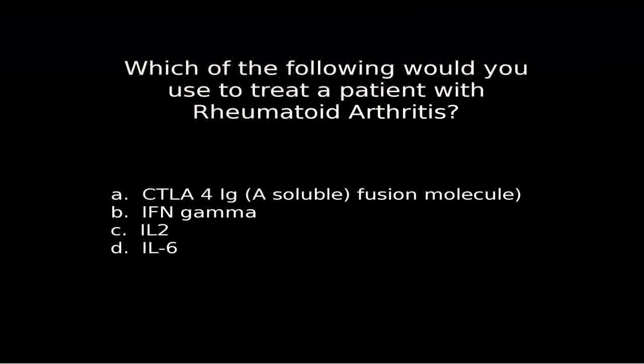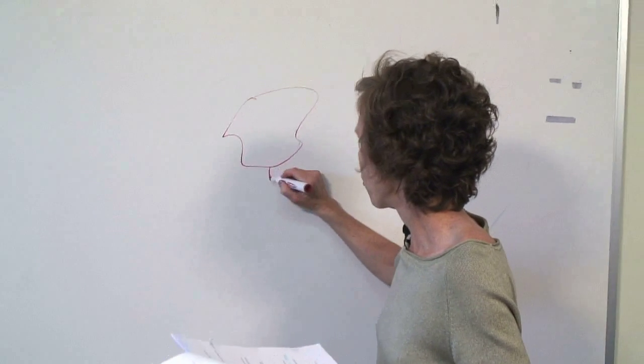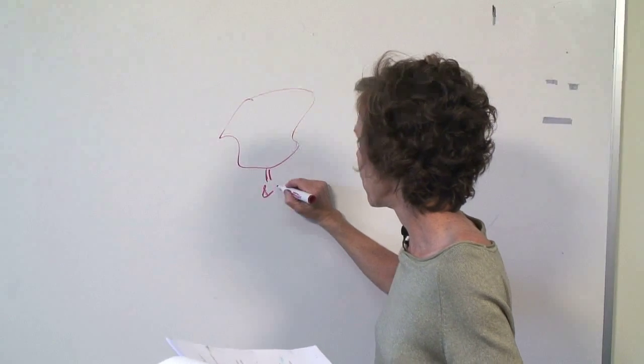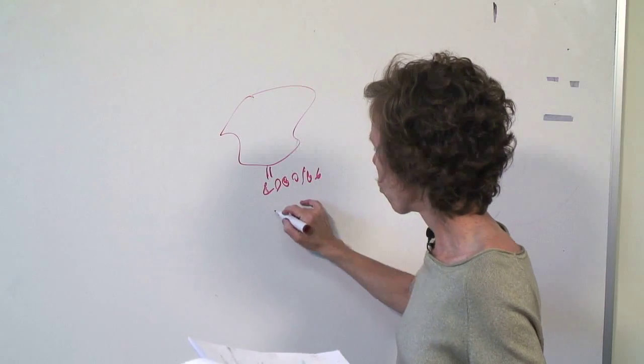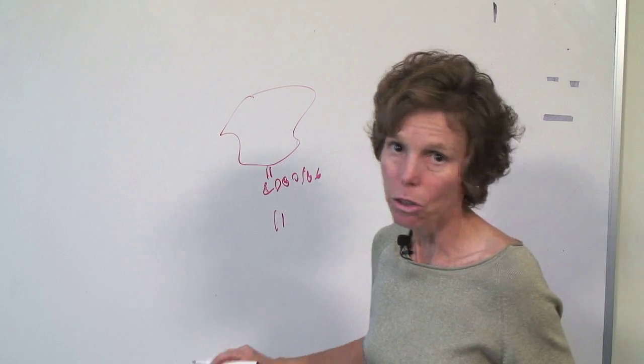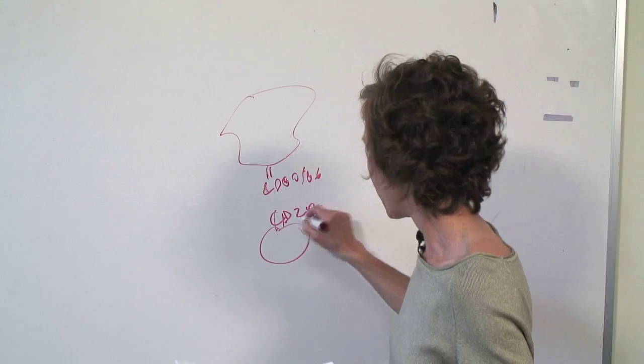So A is CTLA-4 Ig. In other words, you basically create a molecule that's like CTLA-4, and it very cleverly binds, if you have a macrophage, the CD80-86, right? They would normally try to bind to your T cell, CD28, right?